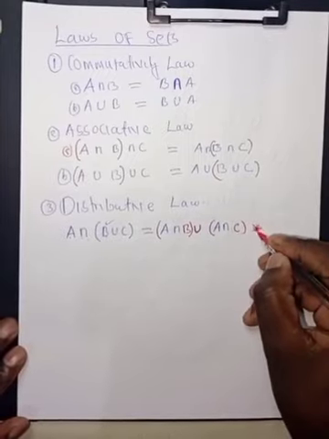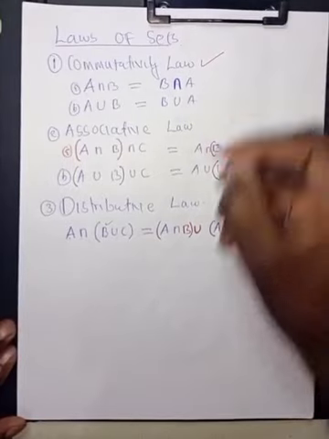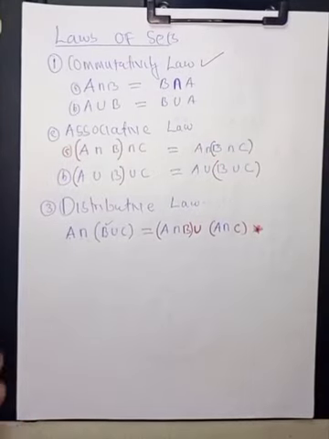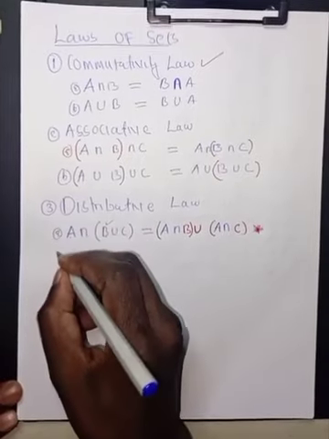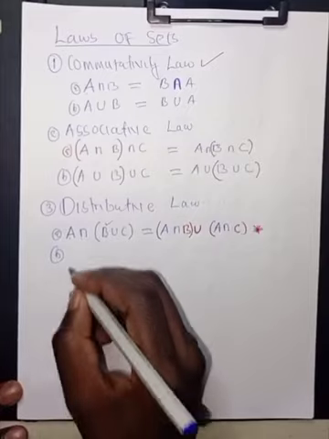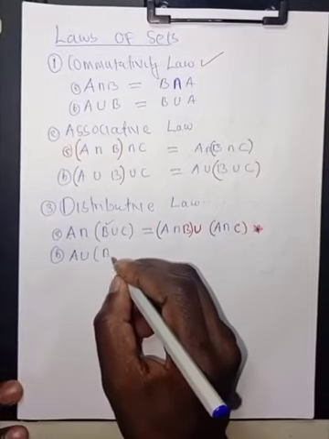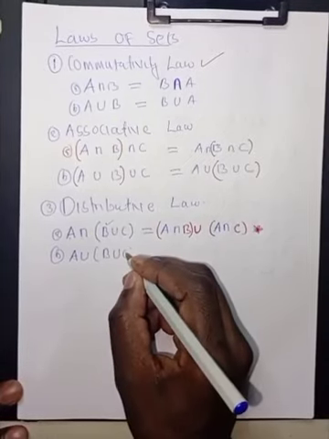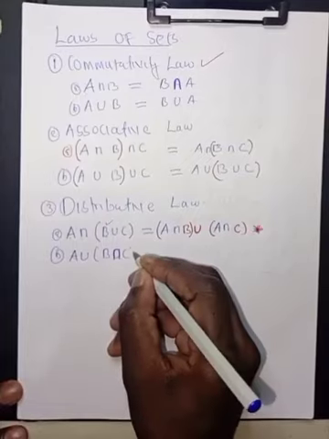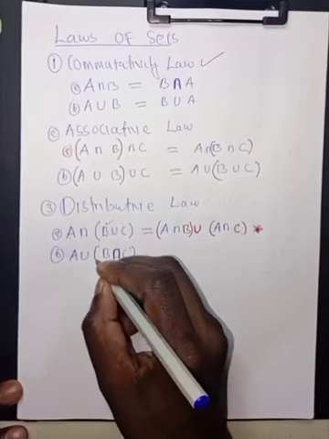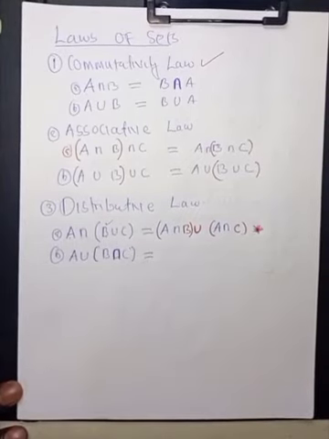Even if you forget commutativity, don't forget this one. So the second property will be the one for A union, and then B intersection C. It's the same principle.